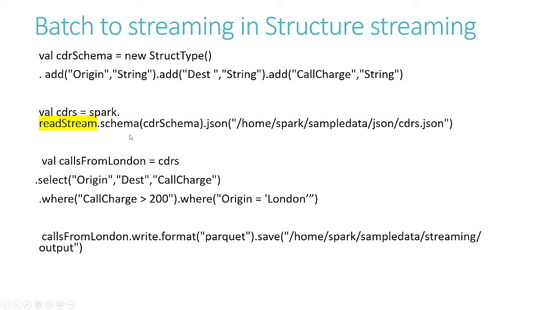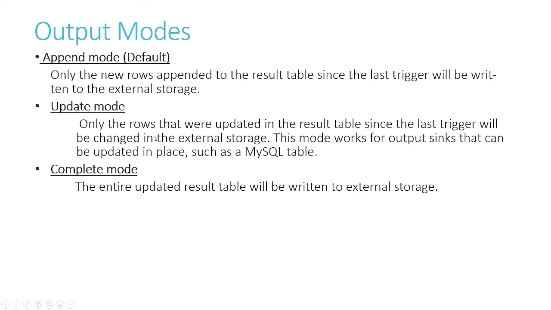So this headache is removed, and we now have beautiful APIs that can help us in converting a batch job into a streaming job. That is the biggest advantage of structured streaming in Spark.